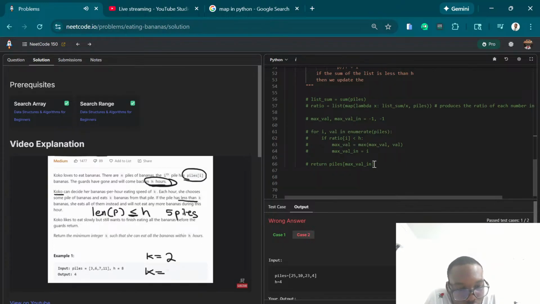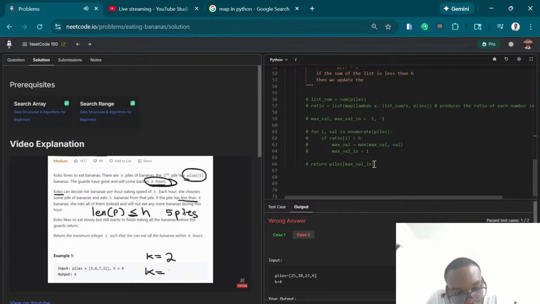What's the maximum that k could possibly be given this input array and given this number of hours? Well, remember, the number of hours is always going to be greater than or equal to the number of piles. So in the worst case, k would basically be the max number that happens to be in our piles.